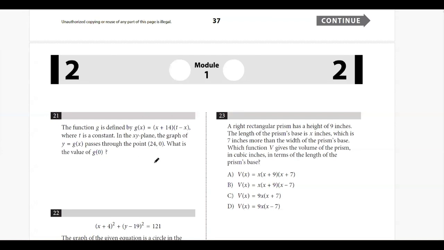So we get 0 is equal to 38 t minus 24. So we can tell that t is equal to 24. I'll just rewrite here.